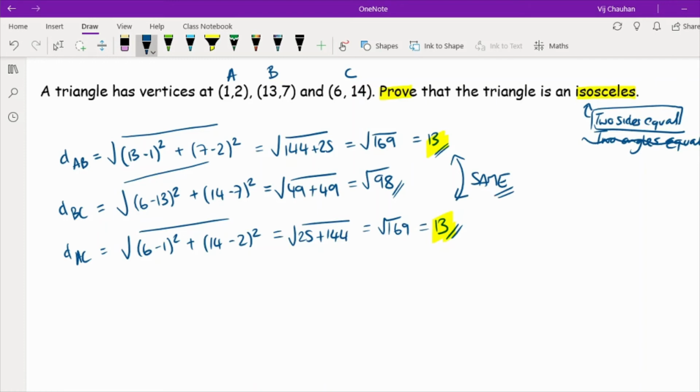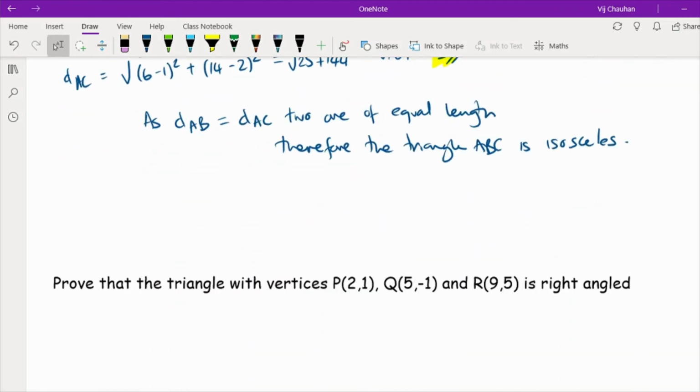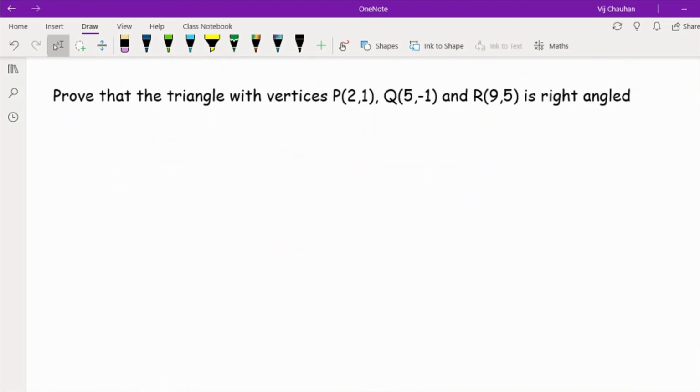What I would say is, as the distance of AB is equal to the distance AC, 2 lines are of equal length, therefore the triangle ABC is isosceles.